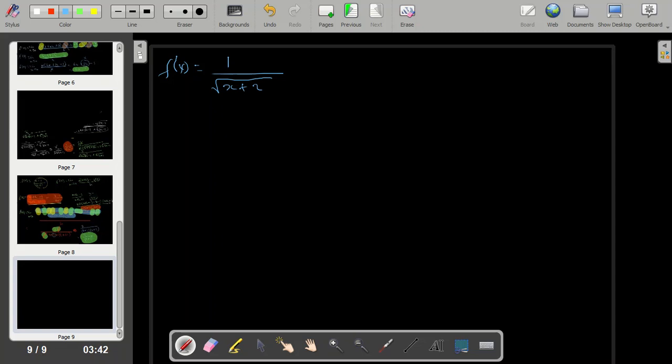So this is what we are going to do. First step, as always, formula. So f prime of x is equal to the limit as h approaches 0 of f of x plus h minus f of x, everything divided by h. So this is going to be f prime of x as the limit h approaches 0.